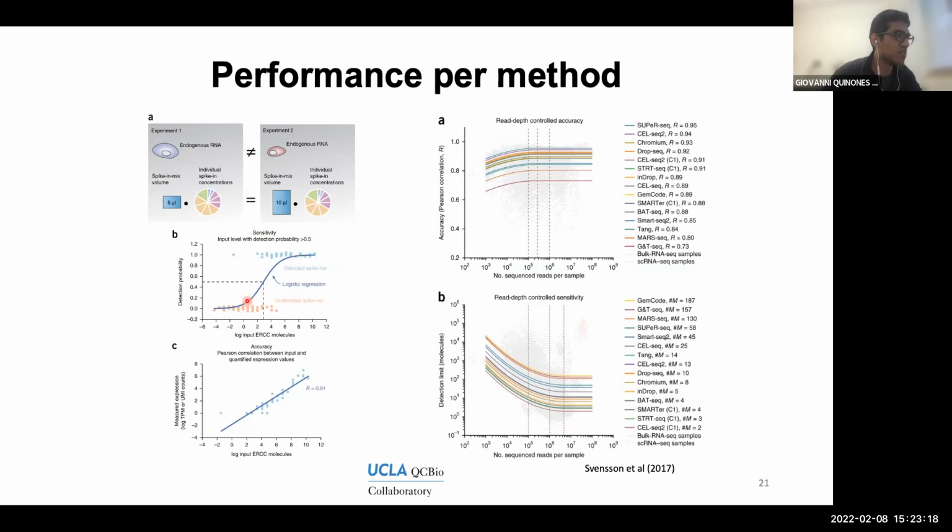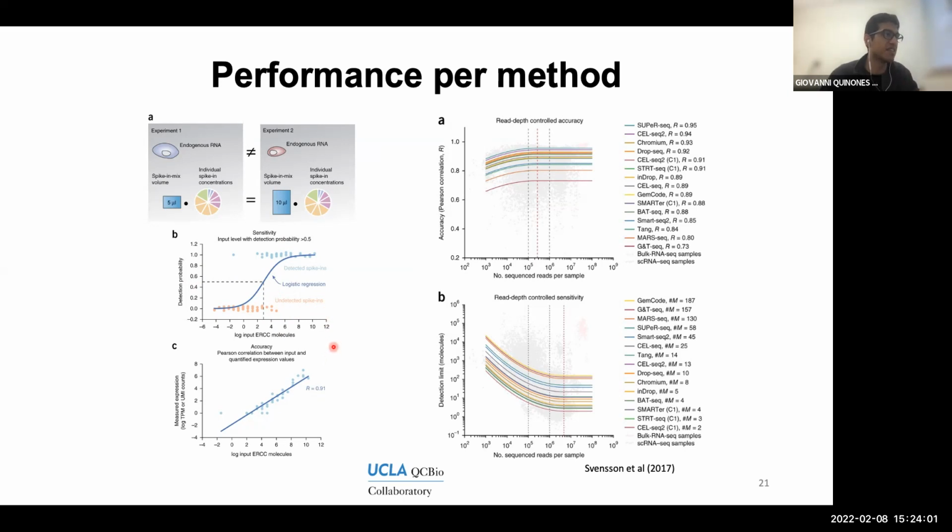Eventually, you'll be able to model the data with a sigmoidal function. But I think the takeaway here is that a very sensitive protocol will be able to identify molecules with high probability, even if their concentration is low. So their limit of detection will be lower. Whereas if your method is not very sensitive, you'll need to input a lot of RNA for your method to actually detect it. So your limit of detection will be high.